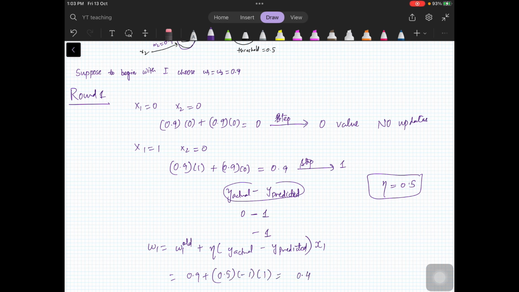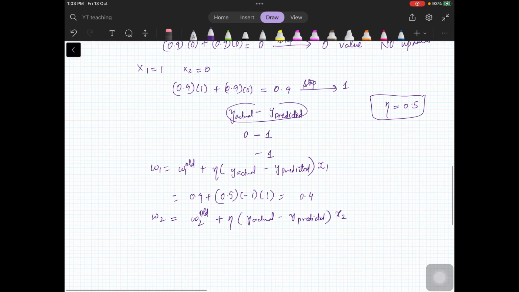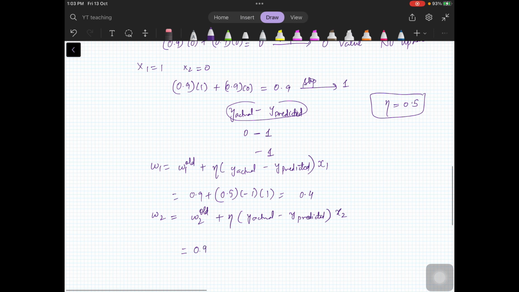So this becomes 0.4. Now if you try to update W2, that will be W2 old plus eta times y actual minus y predicted, and then you have x2. So now W2 old is 0.9 and the learning rate is 0.5, and this is -1, and x2 is 0, so this would be 0.9.